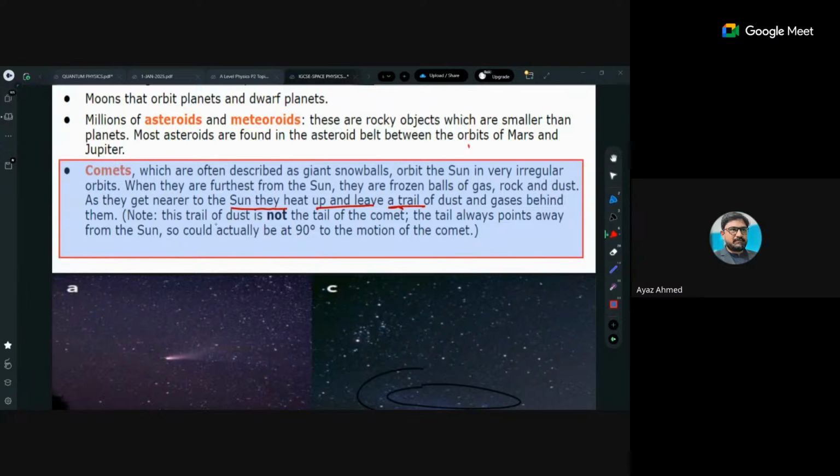So this is the dust. Actually, the tail always points away from the sun. So actually the clouds are there, right? These are some sort of clouds.